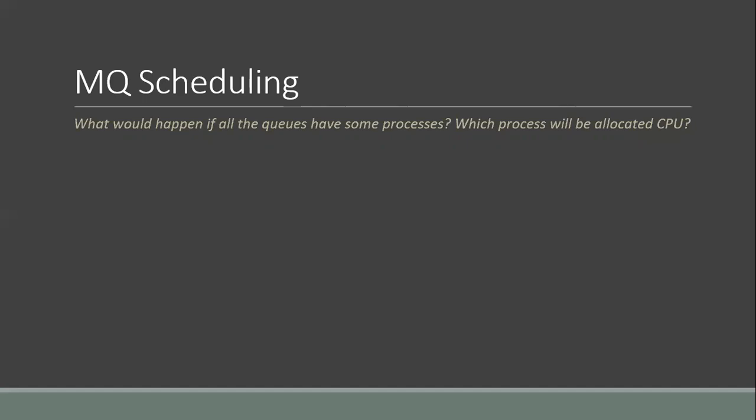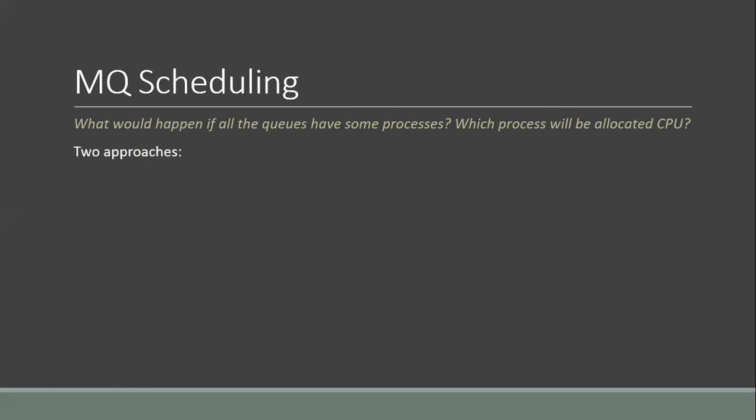So if both of these queues are full of processes, then in which order will the processes be allocated CPU? Either the processes from the foreground queue will execute first, or the processes from the other queue will execute first.